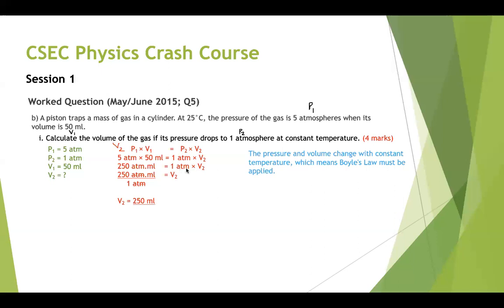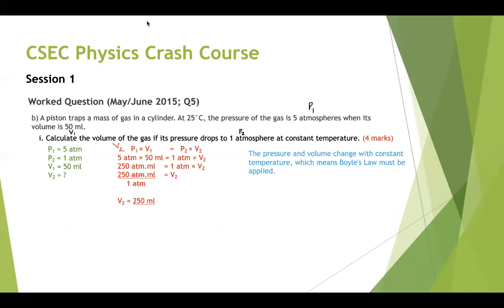So we divide both sides of the equation by 1 atmosphere. All right, so if we divide this side by 1 atmosphere, then 1 atmosphere would cancel 1 atmosphere and we'd be left with V2 on this side. And 1 atmosphere into 250 atmosphere milliliters would be 250, and the atmospheres would cancel, leaving us with milliliters.